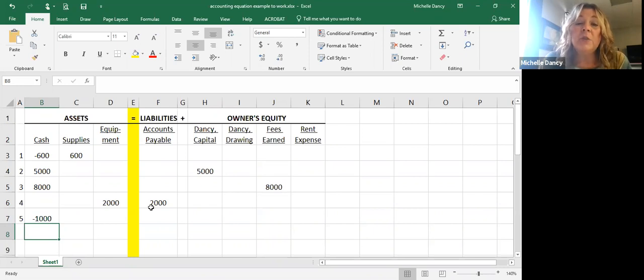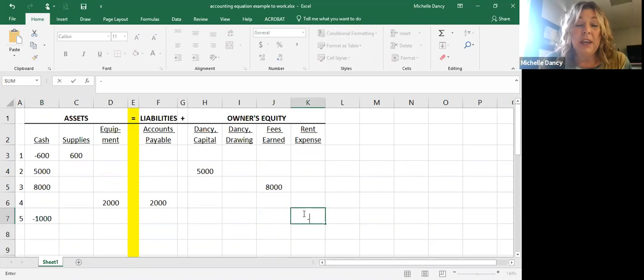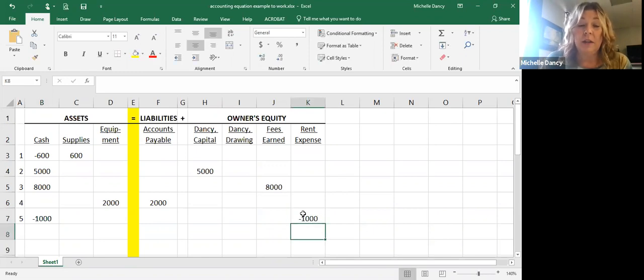So let's remember that expenses fall over here under owner's equity. And we know that expenses are one of the two things that make owner's equity go down. So we're going to go over here to rent expense, and I'm going to put negative 1,000 because paying that expense made my equity decrease.